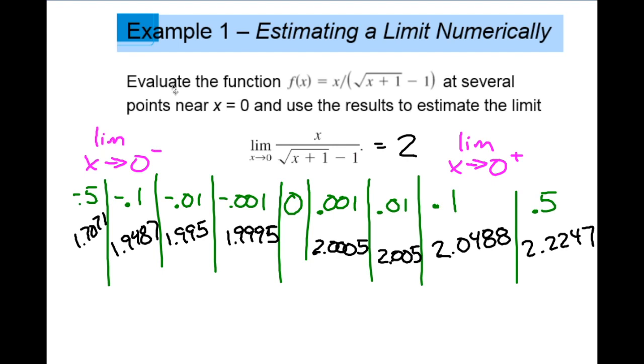You can see as the values get closer and closer to 0, they get closer and closer to 2. Then on the right side, the limit of our function as x approaches 0 from the positive exponent, or the numbers greater than 0, as we creep back towards 0, the numbers decrease and get closer and closer to 2. So therefore, we can say that the limit of our function as x approaches 0 is equal to 2.